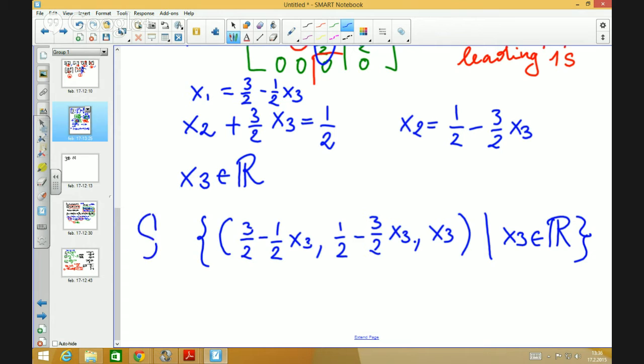And this is sort of the solution set. You can see there are infinitely many such triples of numbers. So for instance, when x3 is 0, x1 should be 3 over 2, and x2 should be a half. When x3 is 1, then x1 should be 1, and x2 should be minus 1.